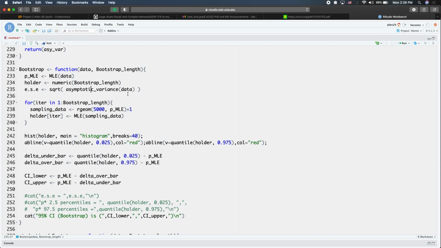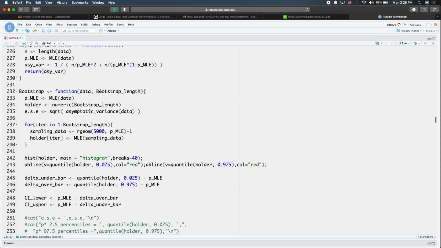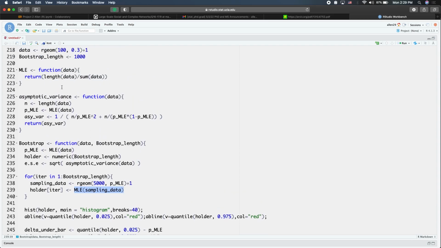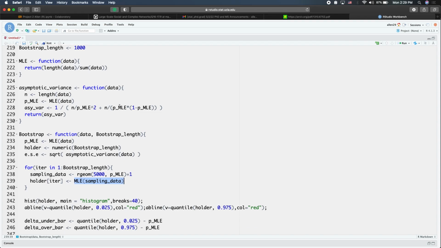Then to run the bootstrap, we're going to run 1,000 simulations. For each of the 1,000 iterations, we first generate 5,000 data points based on the MLE that we estimated from the data. Then for each of the sampled data sets, we calculate the MLE, using the same function as what we derived for the geometric distribution.